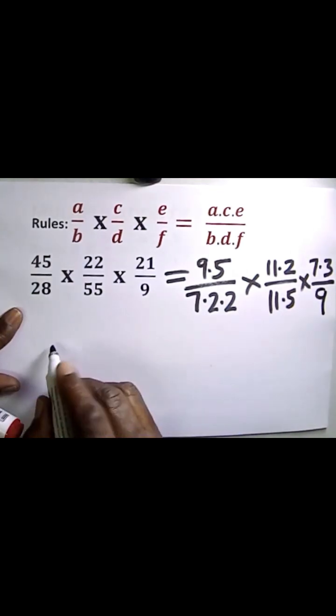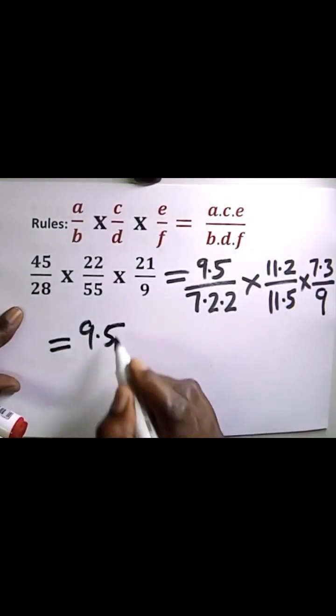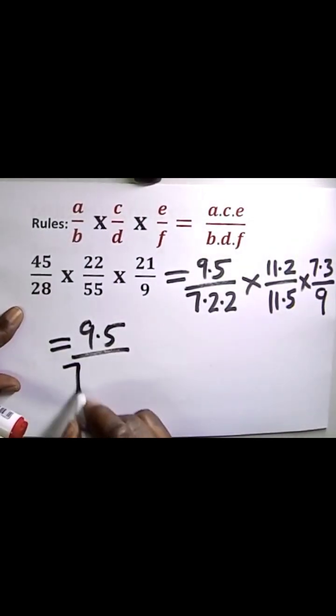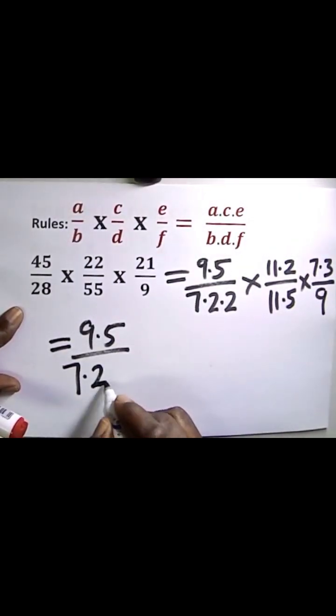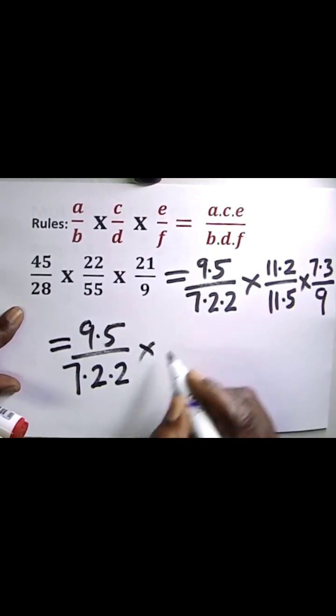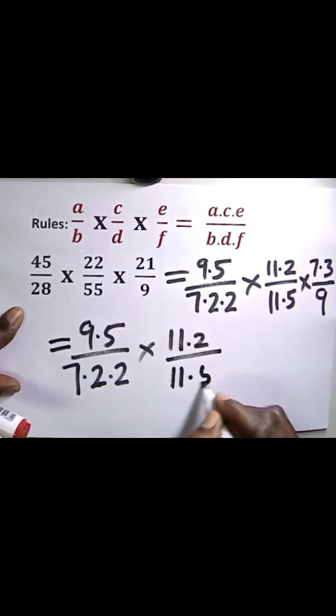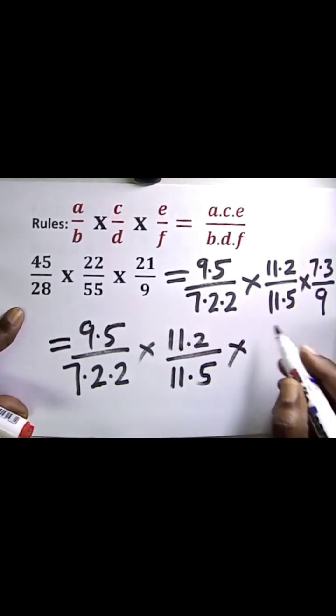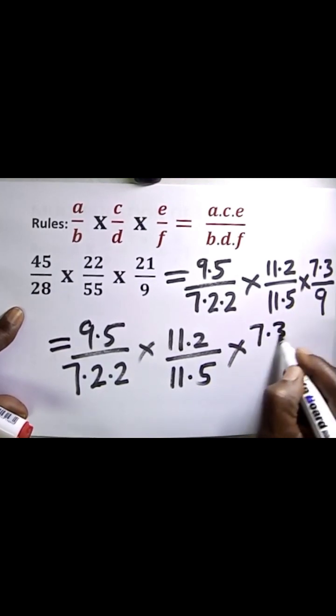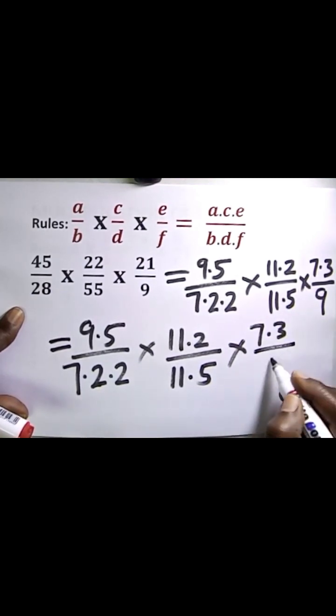So let's make it clearer. 9 times 5 all over 7 times 2 times 2, times 11 times 2 all over 11 times 5, times 7 times 3 all over 9.